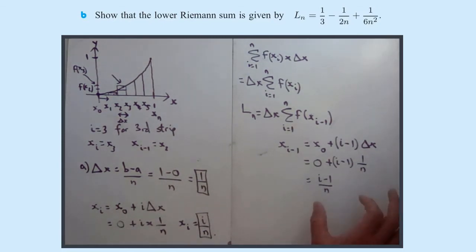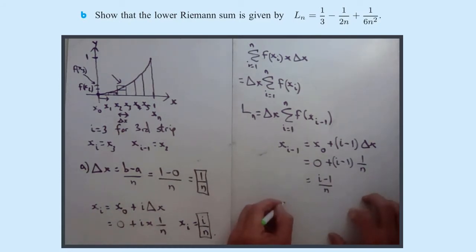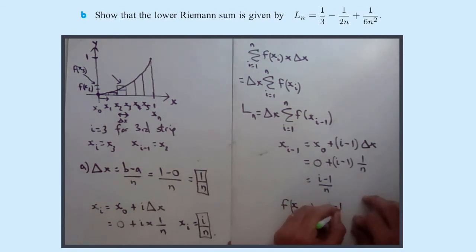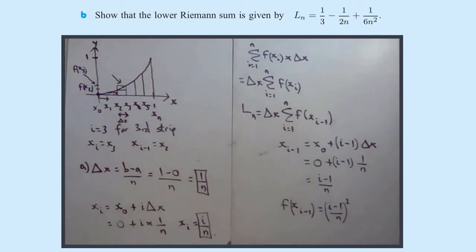So if we want f of xi minus 1, remember what the original function is, it's just x squared. So you take your xi minus 1 and you square it. So f of xi minus 1 equals i minus 1 over n, and then you square it. So we're good so far.